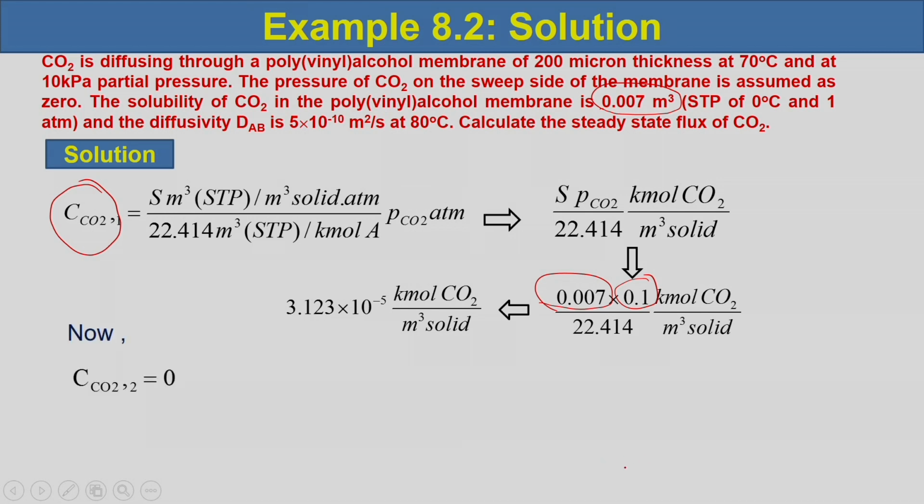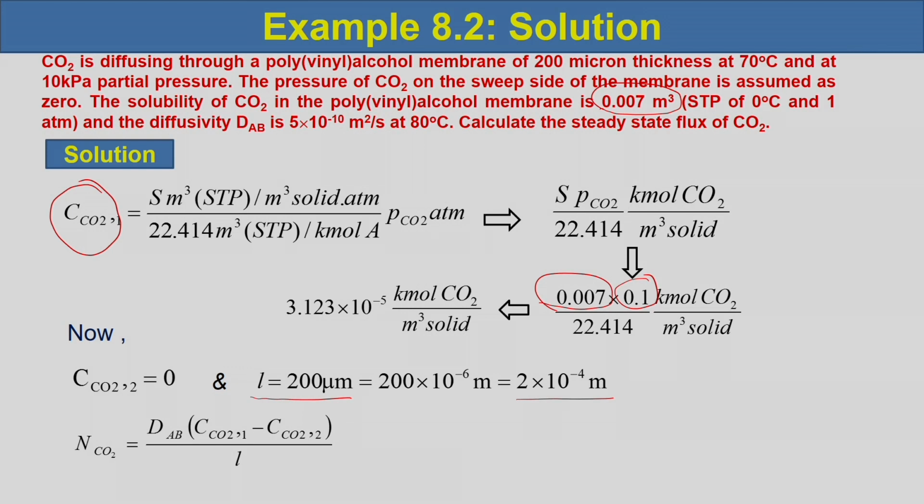Now, at 2, that is on the other side, the concentration of carbon dioxide is 0 because the sweep side pressure is considered 0, and the thickness L is 200 micron. So, we can write 200 into 10 to the power minus 6 meter, which is 2 into 10 to the power minus 4 meter.